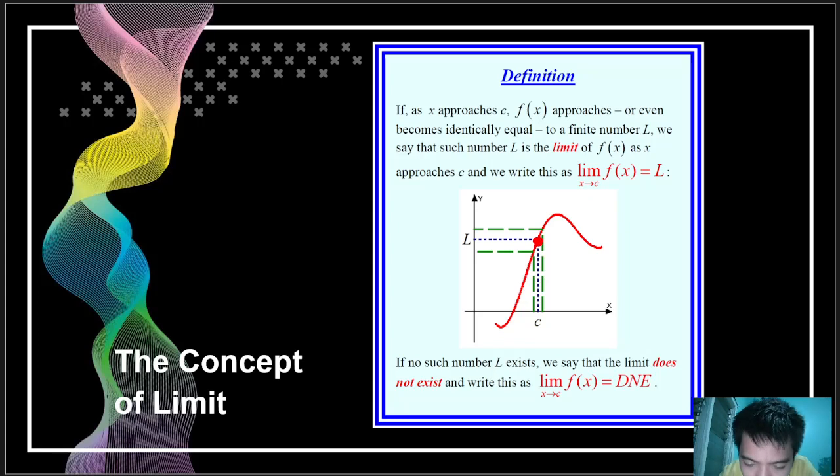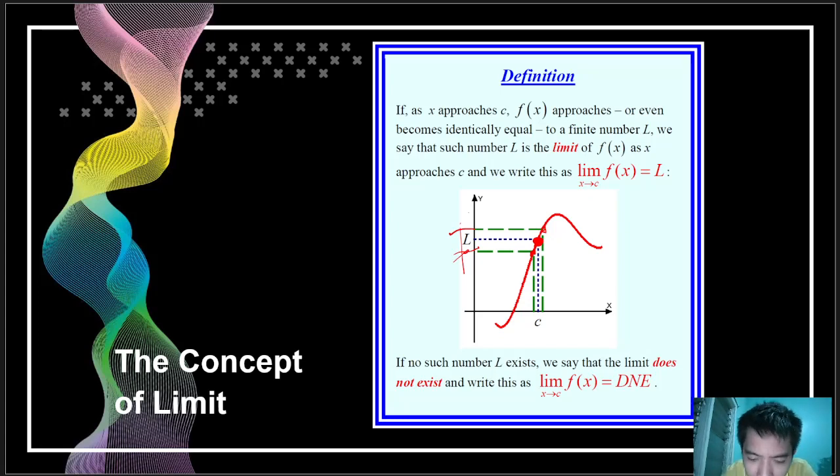Now, we need to find the value of the limit as x approaches c. So it is not the point c itself, but the boundary, the approaches of your point c. So this one and this one. At that point, there is what we call the value corresponding to your dependent variable, and that would be the range of that, that would be your limit.